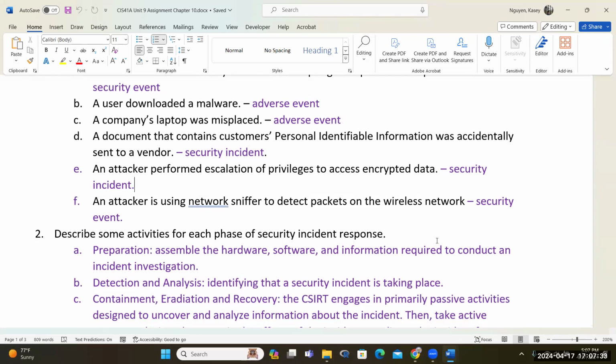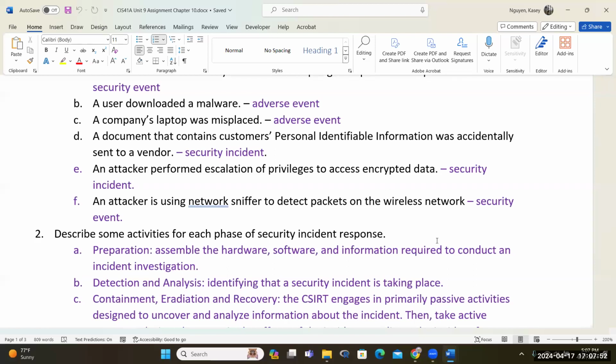So some of the activities for each of the phases in security incident response. When you're responding to incidents, this is what you normally see with the security specialist job. This is very common, right? So the first phase is called preparation.